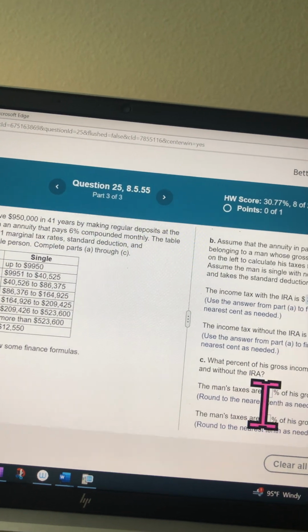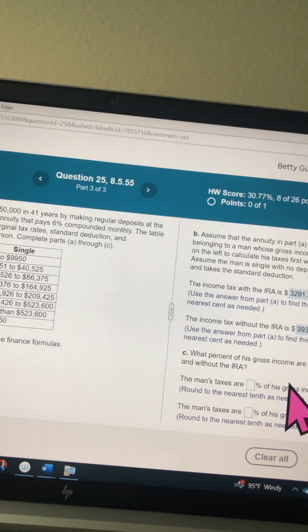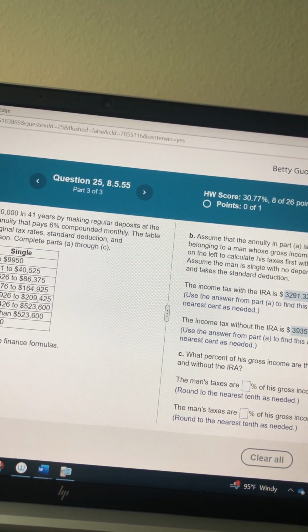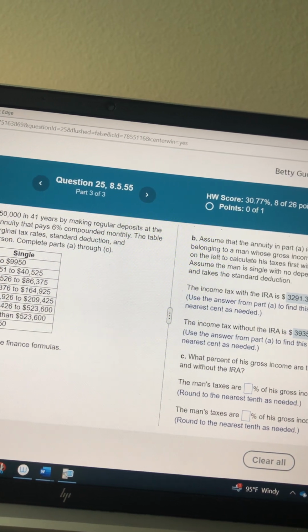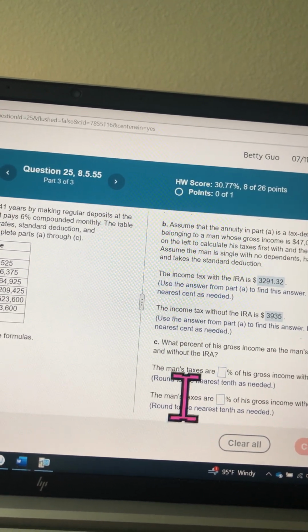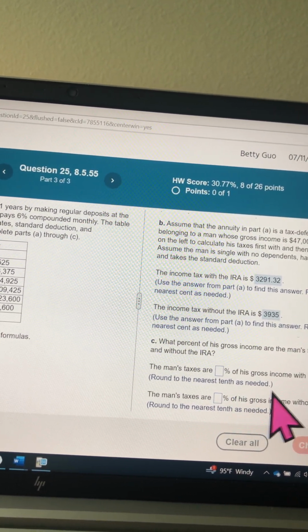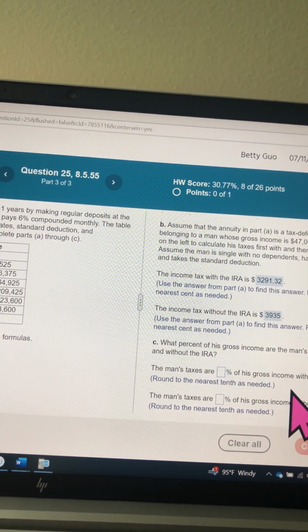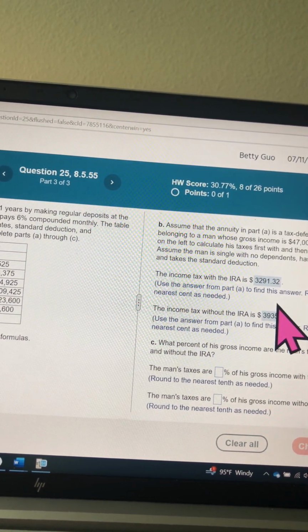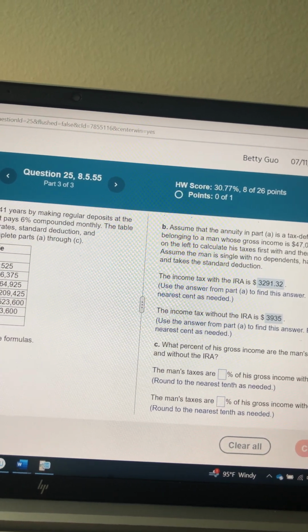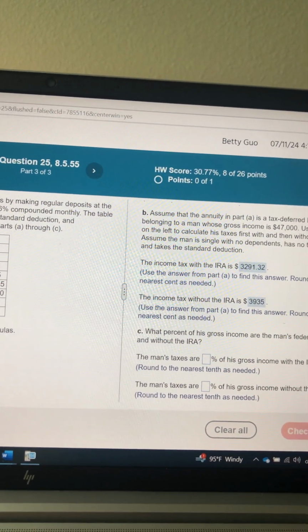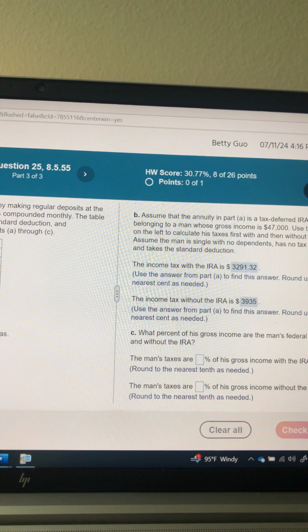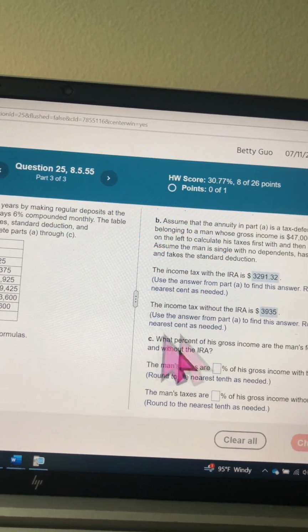And part C: what percent of his gross income are the man's federal taxes with and without the IRA? So with the IRA, the man's taxes are how many percent of his gross income? I think you can complete the rest.